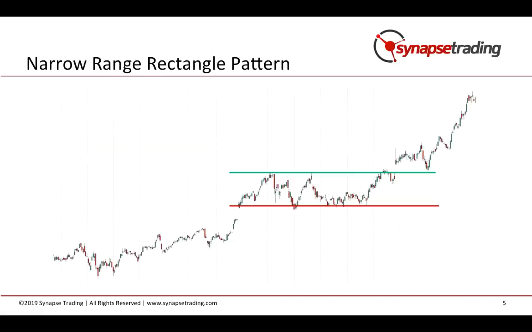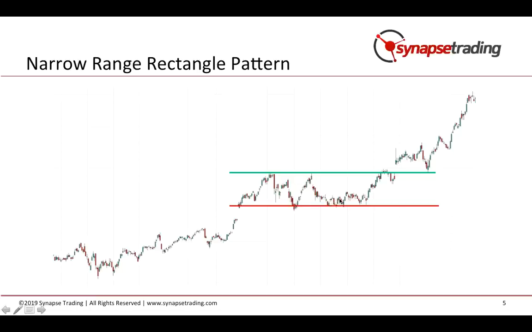Now let's take a look at some real examples of the pattern. This is an example of a narrow range rectangle pattern, where you can see that there's an existing trend, then a consolidation, and then the trend continues. Between the upper bound and lower bound, there are about 10 to 20 bars, and 10 to 20 bars here.